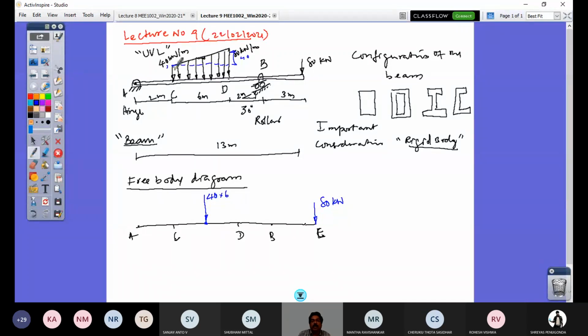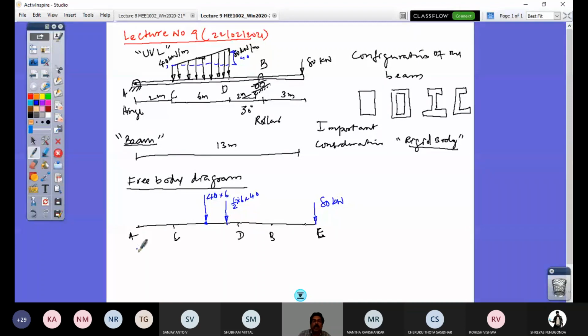You know that. So if I take that 1/3 from here, the 6 meter, 2 meters here, I would have that load, and that load would be represented by half into base of this triangle span 6 into height of the triangle, which represents the distributed load 40 kilonewton per meter. So if I multiply all this, I would have an equivalent concentrated load at this location.